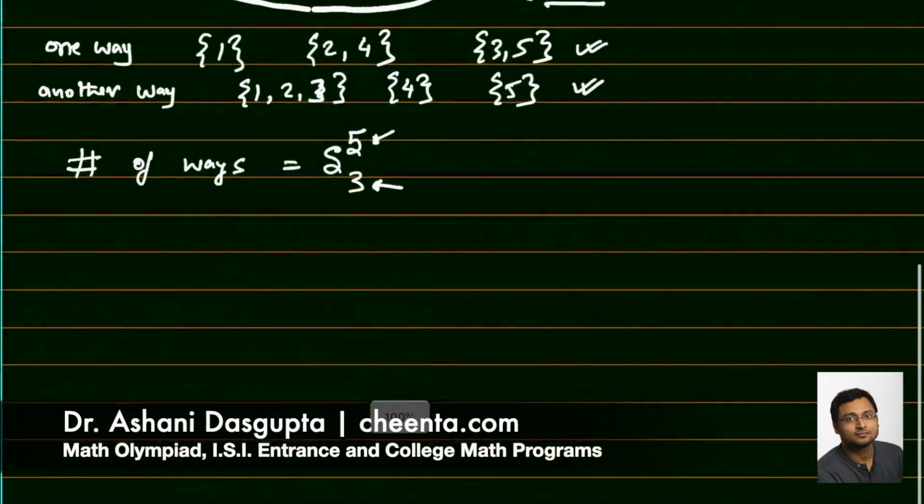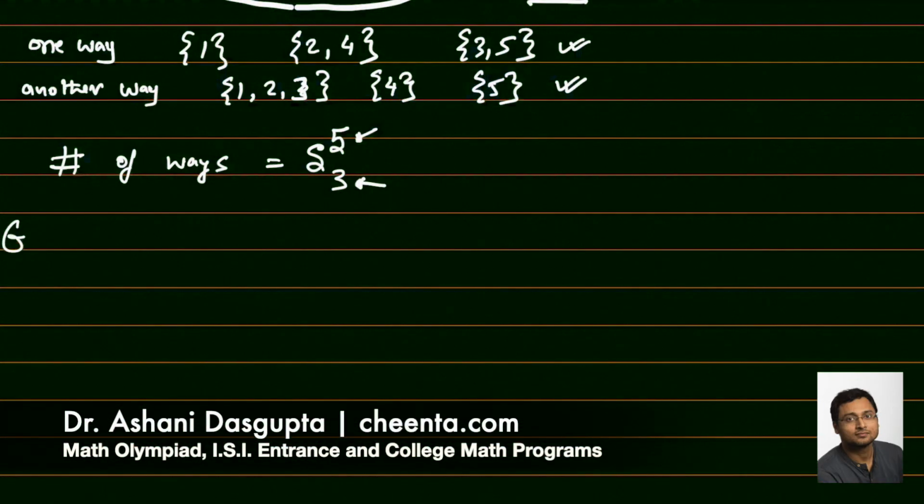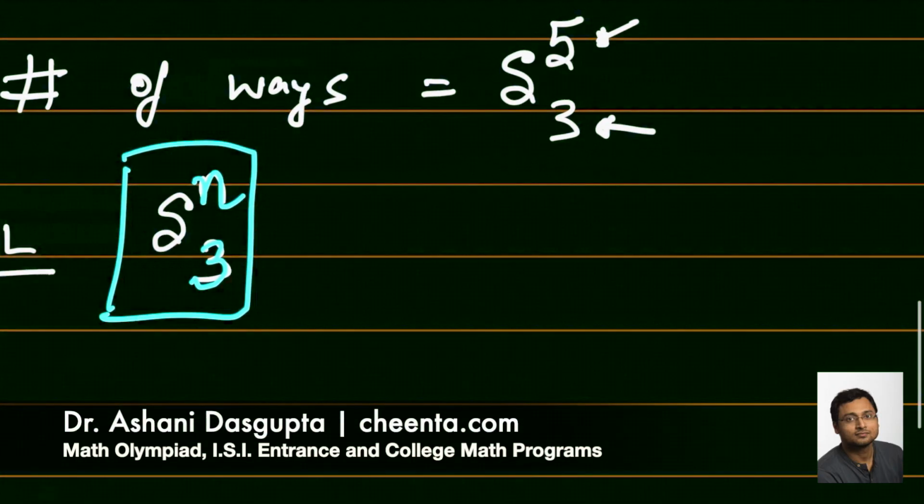Okay. So what is our goal? Our goal is to find out an expression for SN3. So what is SN3? You have n elements which you want to partition into 3 classes.